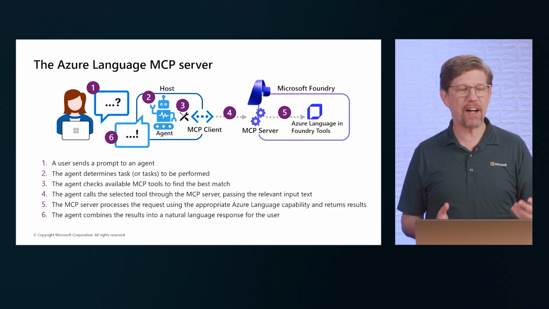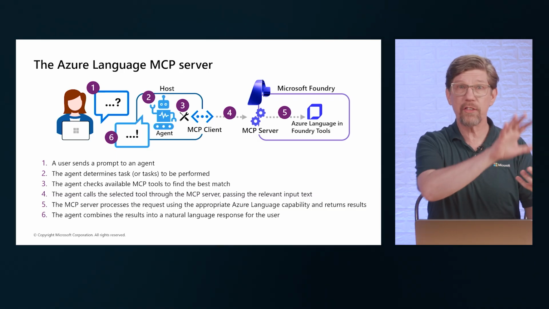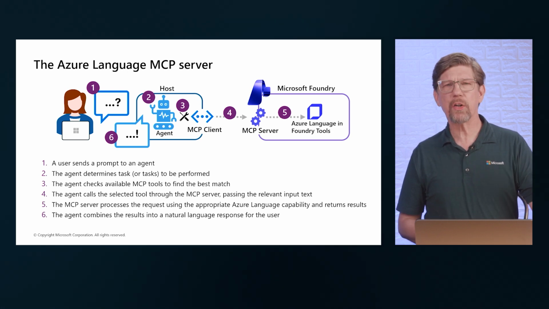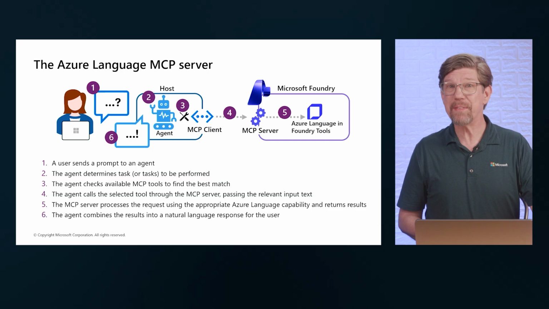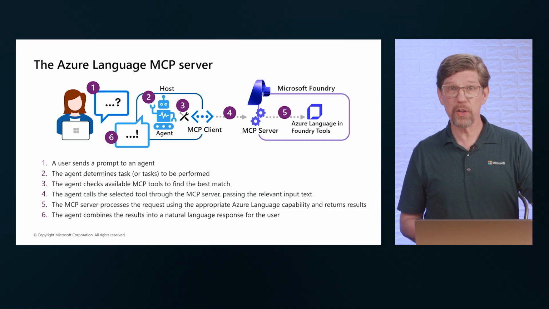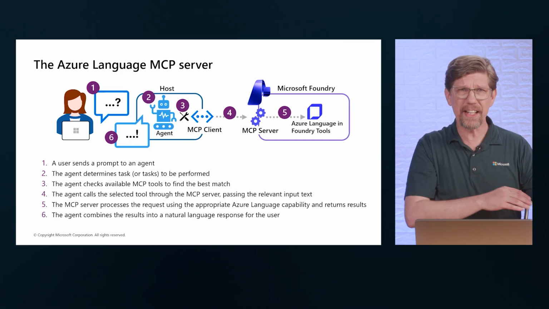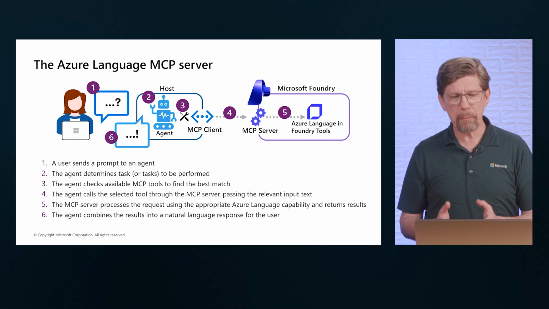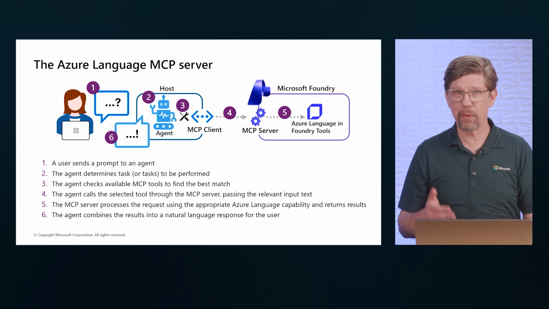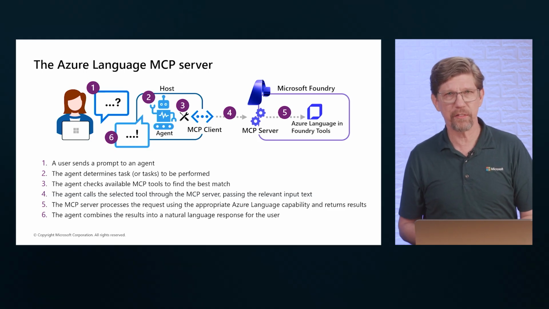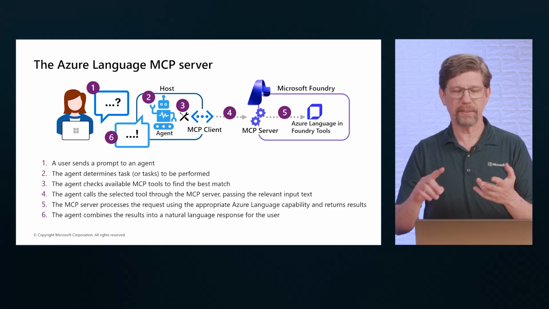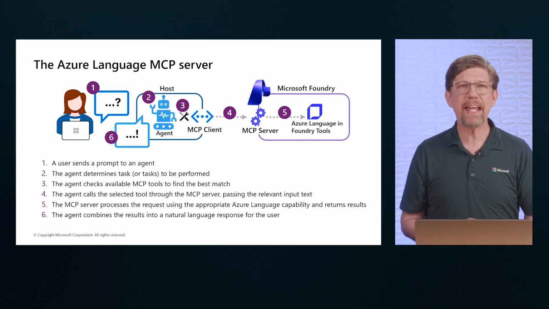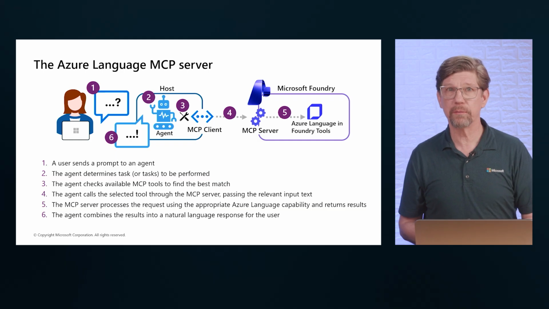We may have a large language model running inside of an agent, but that model may be an incredibly large, maybe expensive model that we're using because of the variety of things that it may have to perform. But some of these tasks that we saw in the language service, PII, entity recognition, language detection, may be something that we could offload.